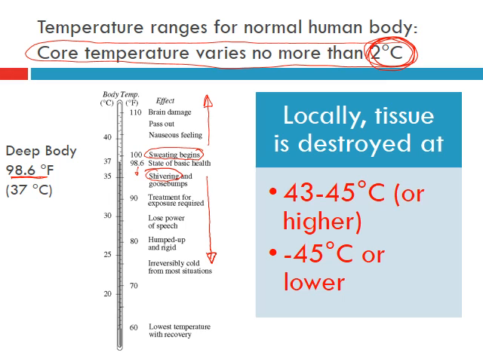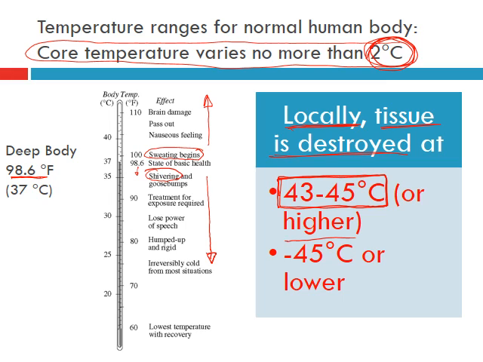Now, one number that would be quite useful for this class is locally, not the core temperature, but when you're trying to destroy tissue, like in a cryosurgery, or we want to look at skin burns. Those tissues are destroyed at this kind of temperature range. At the higher end, 43 to 45 is the range that we need to reach to destroy tissue.